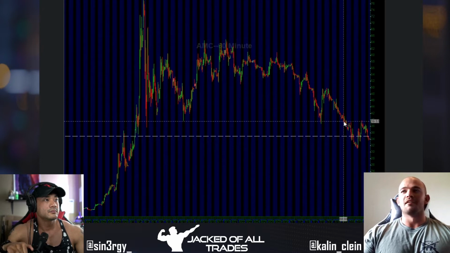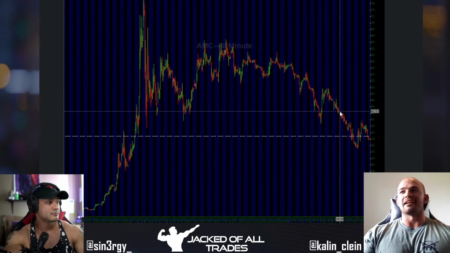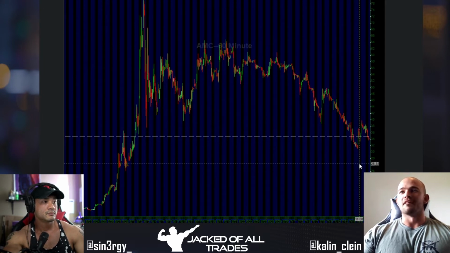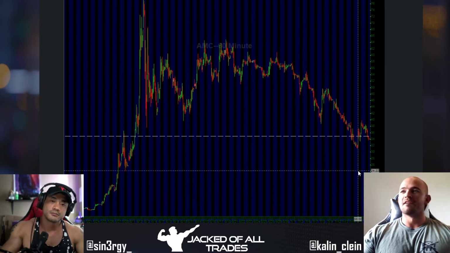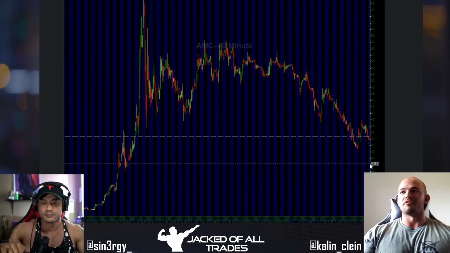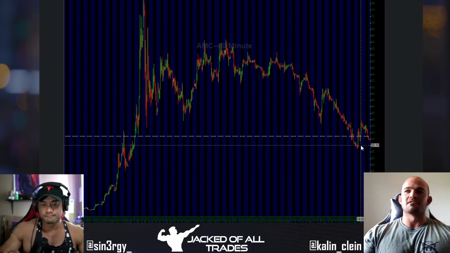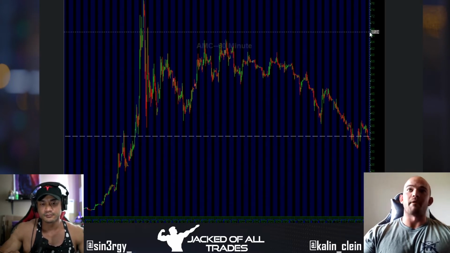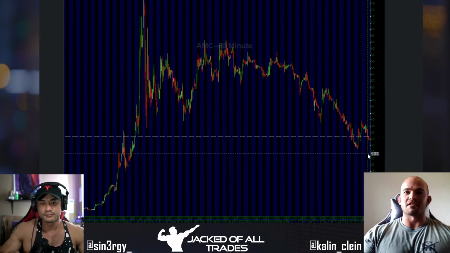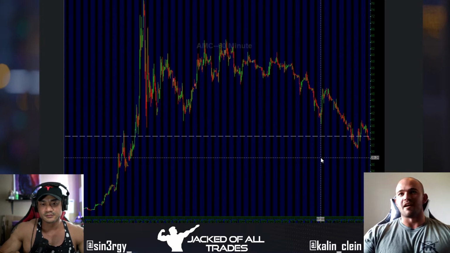And I'm sitting here looking at this thing like, this is clearly backside. It has to come down to at least 26 before it actually bounces, in my mind, because that's where that next line is, right? There's no reason for it to turn around here unless there's a news release. So in my opinion, this will come down to 26, and then it might bounce way back up, but it's going to come to 26 first.